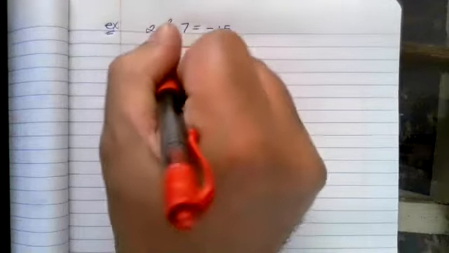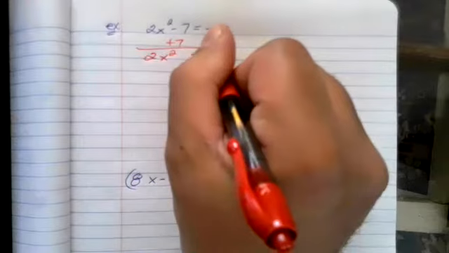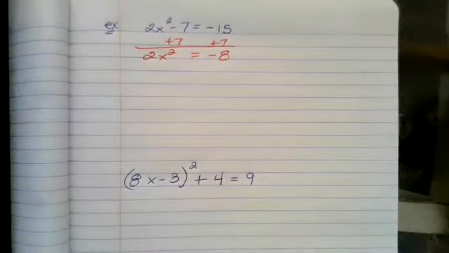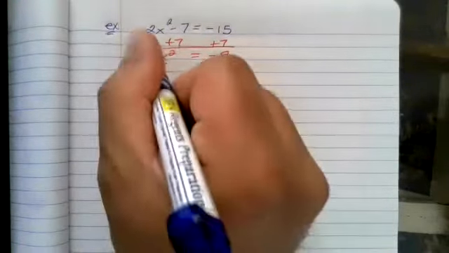So I would do plus 7 plus 7. I'm going to get 2x squared is equal to, what is this, negative 8. I want to get x squared by itself, so I'm going to divide both sides by 2.